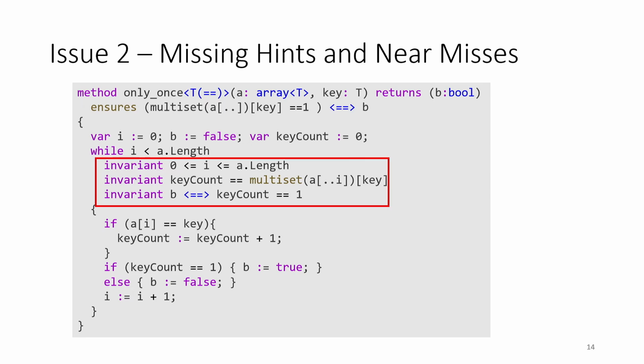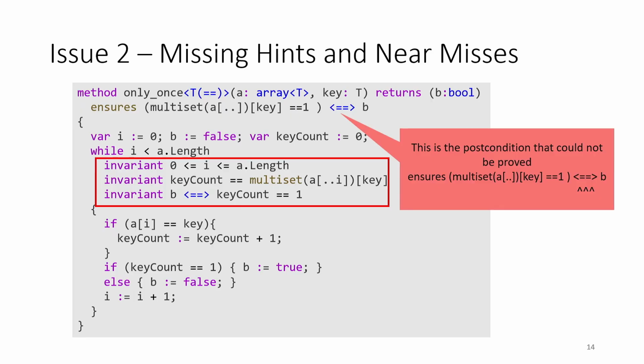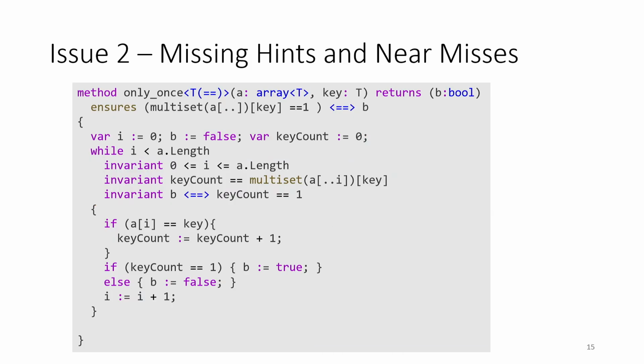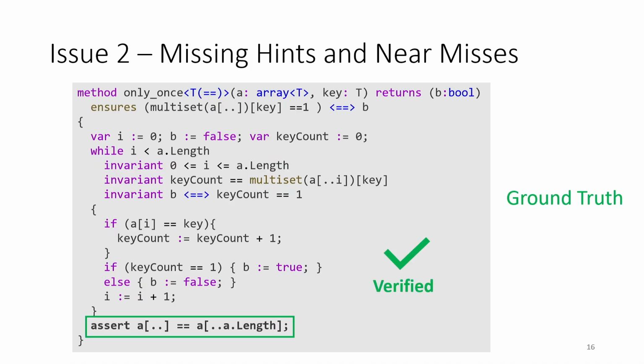For example, with this set of invariants, we couldn't prove the postcondition, but we could prove this property, which is quite similar to the postcondition, but not quite there. If we look at the ground truth of this attempt, what was missing was this additional assertion statement about the array slicing, which essentially pushes the proof over the line.